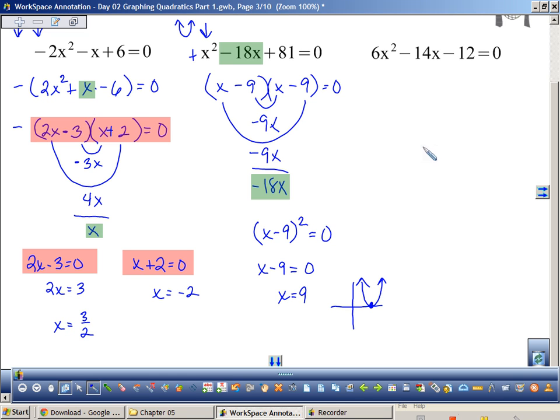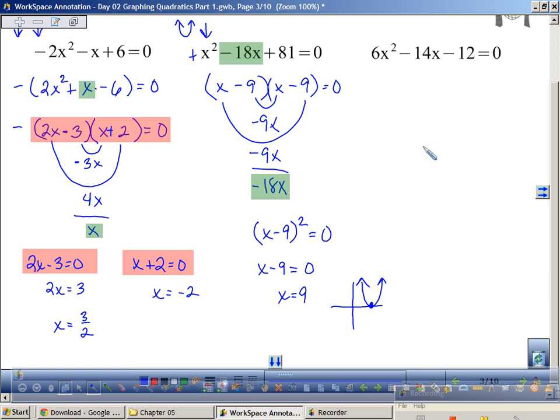About this one. Anybody see anything interesting about this one? GCF. A GCF first. That's always our first step, is a GCF, correct? What can I pull out of everybody? A 2, which gives me 3x squared minus 7x minus 6 equals 0. Do the x box on this one?